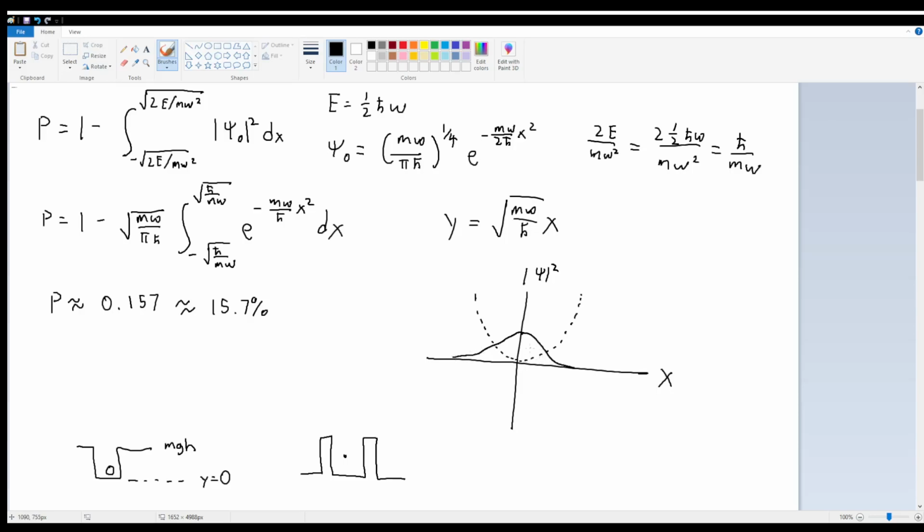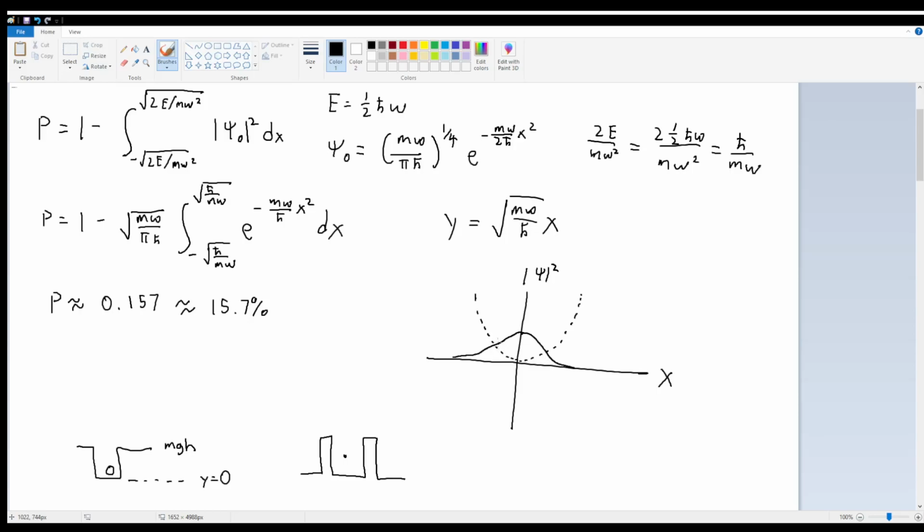So instantly, what we see here is that at this point, this is the point where the potential of the well becomes larger than the energy of the particle. And at this point, in classical mechanics, we would expect the wave function to instantly go to zero. But it doesn't go to zero here.